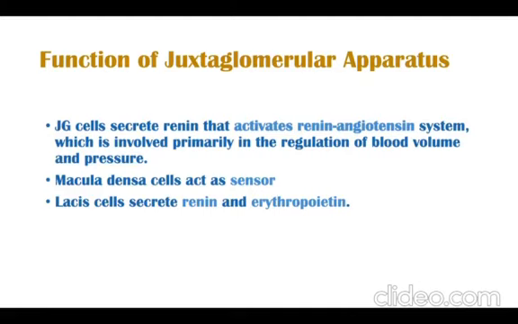Second, macula densa cells act as sensor that detects the change in the rate of flow and volume of flow in the tubule and composition of tubular fluid, which provide feedback signal to the glomerulus to change the rate of filtration, which forms the physiological basis of tubuloglomerular feedback. Thus, they control glomerular filtration. And Lacis cells secrete renin and erythropoietin.